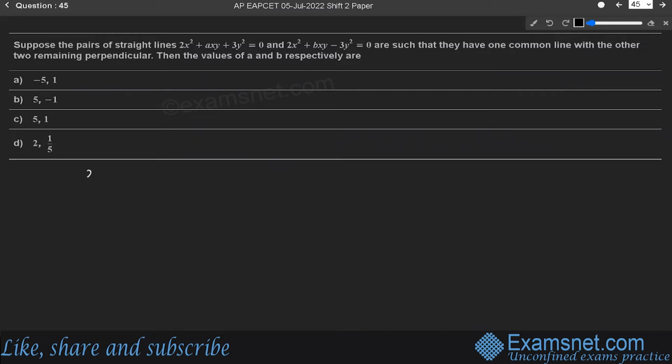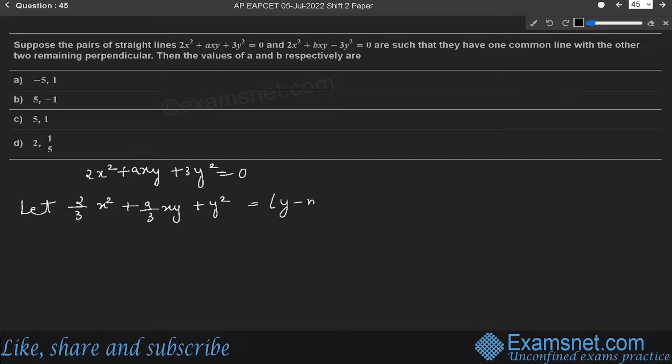A pair of straight lines is given, which is 2x² + axy + 3y² = 0. On dividing it by 3, we get 2/3 x² + a/3 xy + y². Let this equation be equal to (y − mx)(y − m'x).